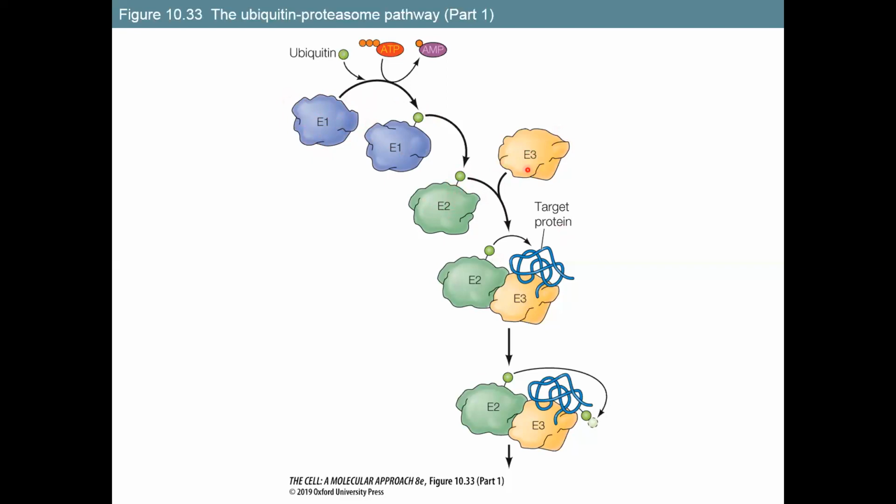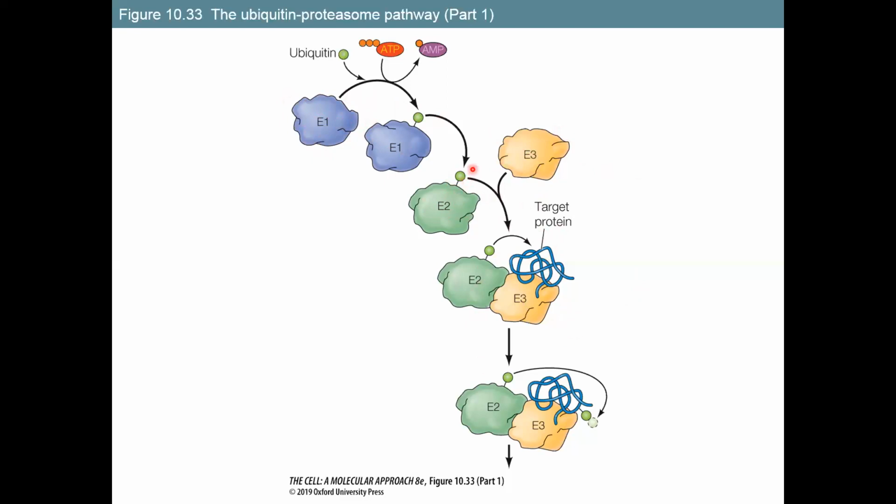So this is all about being able to fine-tune so we can precisely say this particular type of target protein, we want to get rid of all of it, or we just want to get rid of a little bit of it, right? So this gives us a lot of control, kind of like a dimmer switch.